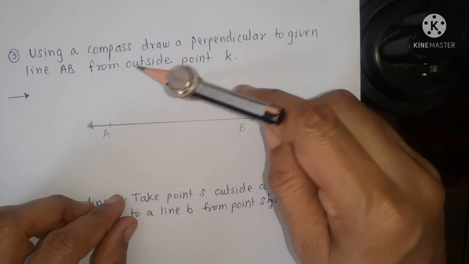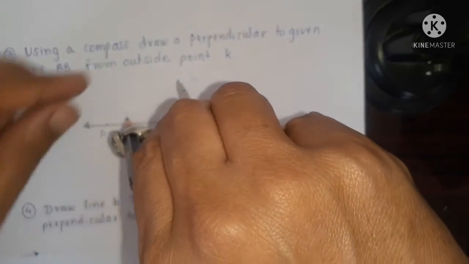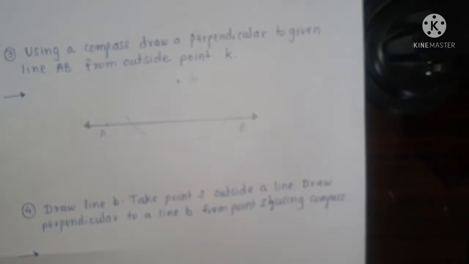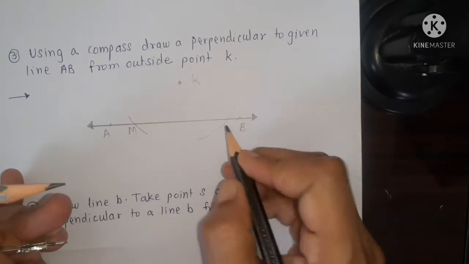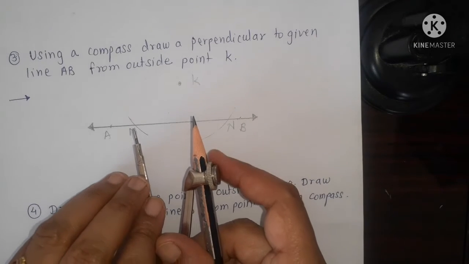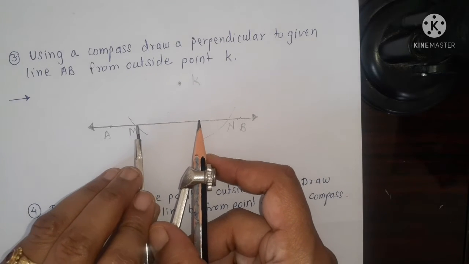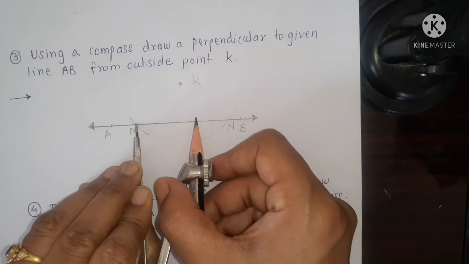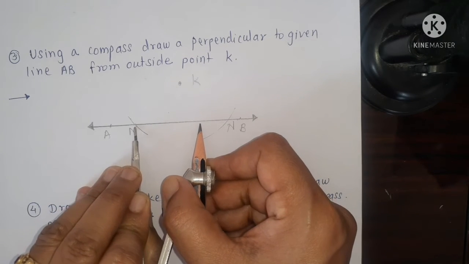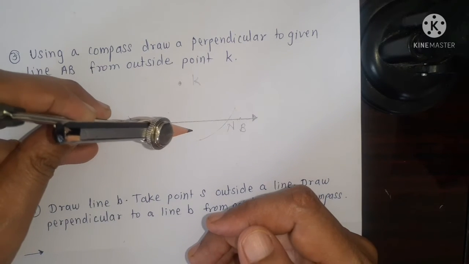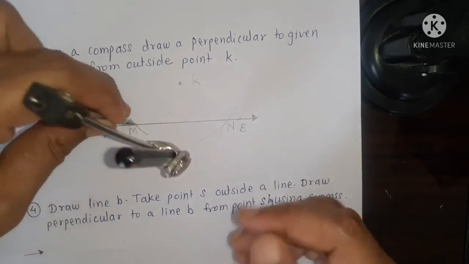Place the metal point on K and draw an arc which cuts line AB at 2 points, M and N. Now we can take a convenient distance between M and N, more than half. Place the metal point on M and draw an arc on the lower side of line AB.